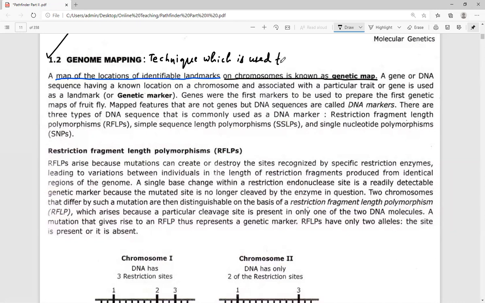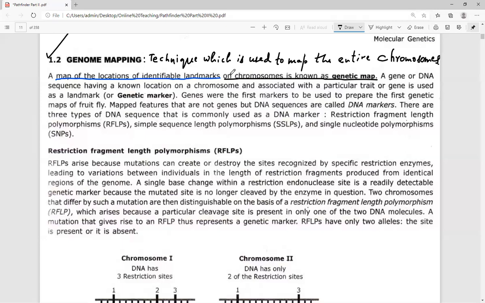Mapping the entire chromosome means determining which different sequences are present in the chromosomes and how these sequences are arranged.